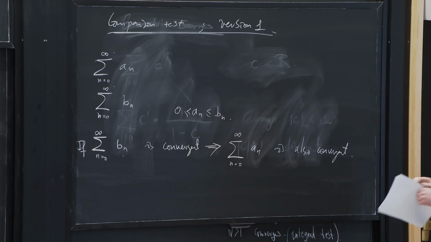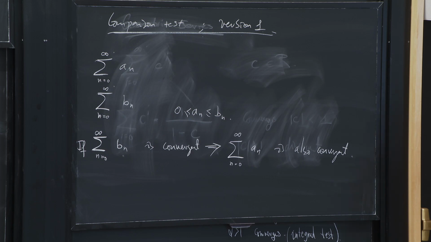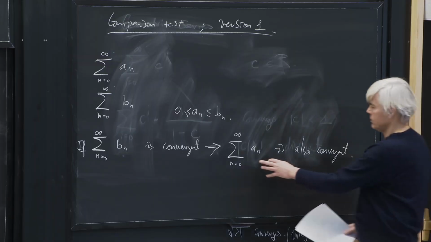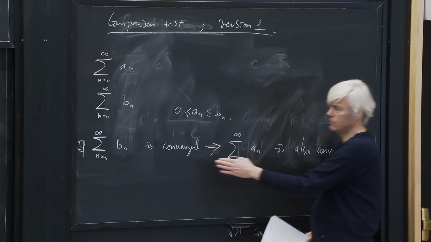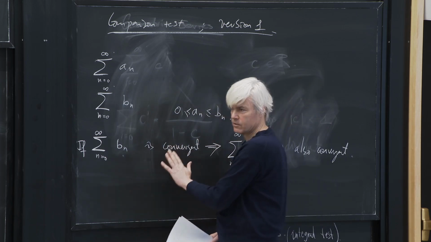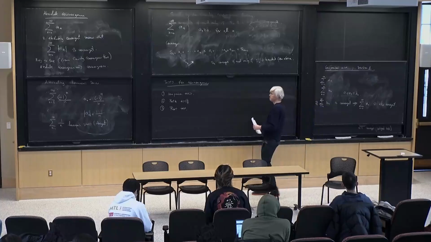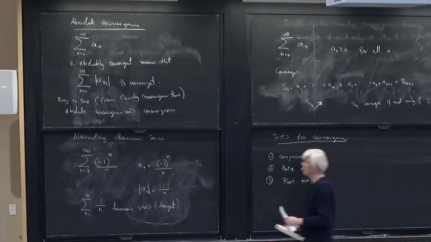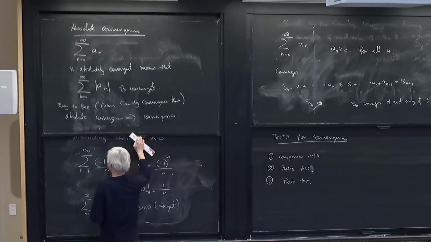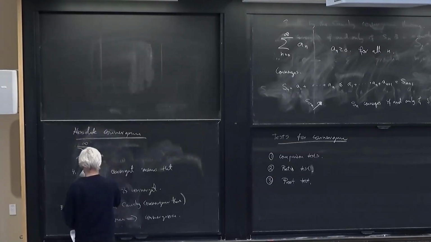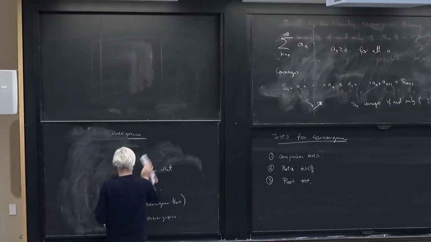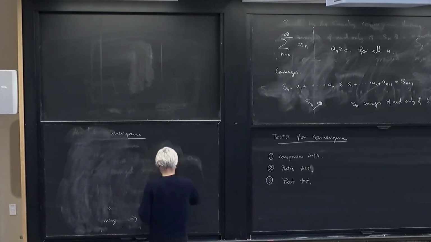This version of the comparison test is used in this way, but it's also sometimes used where you know that this series is divergent, and from that you conclude that the other is too. That's just a negation of this statement. So let's see. The proof of this is actually easy. Why is this the case?